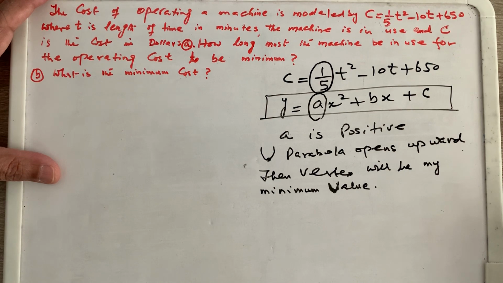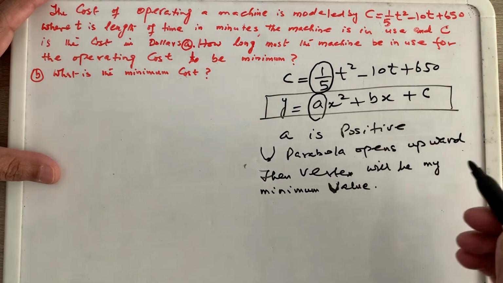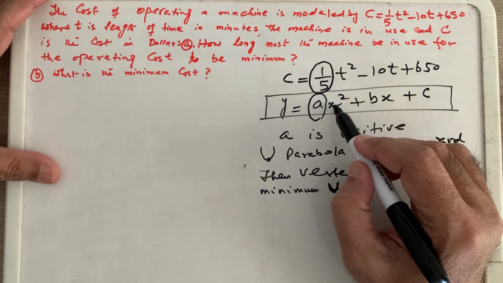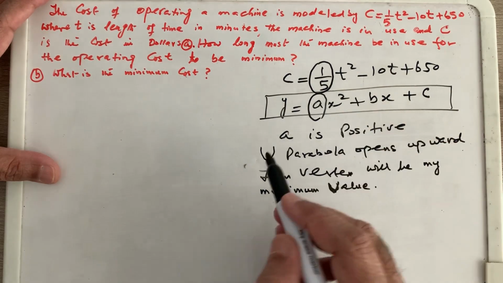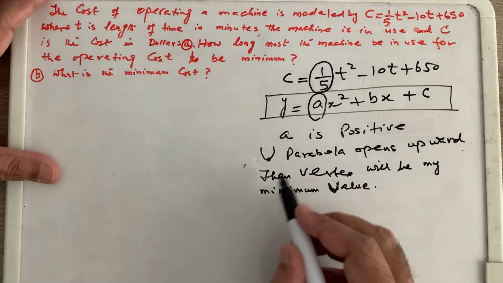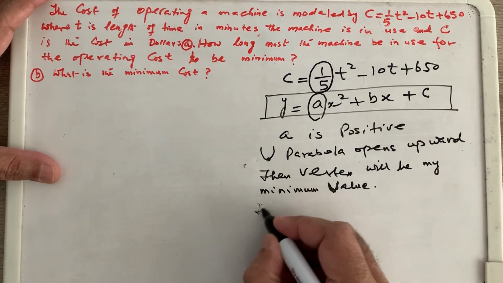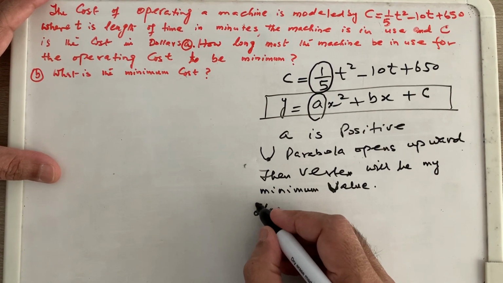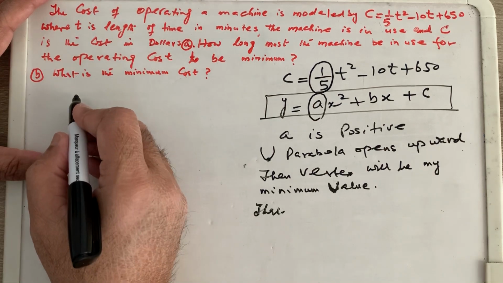And for the vertex, we have to see what variable we have to find. We have to find t, and t is replaced by x. That means the x coordinate of the vertex will be my t, right? That is my understanding. That's why I am finding the x coordinate of this vertex.